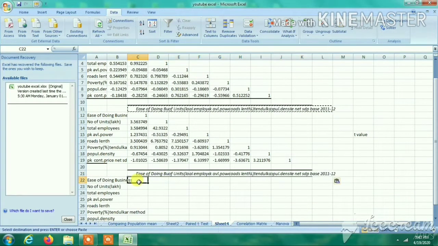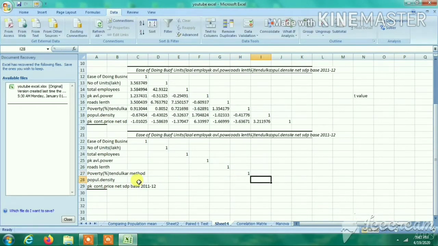First the diagonals are 1. Now we are going to calculate the p value, the probability value.